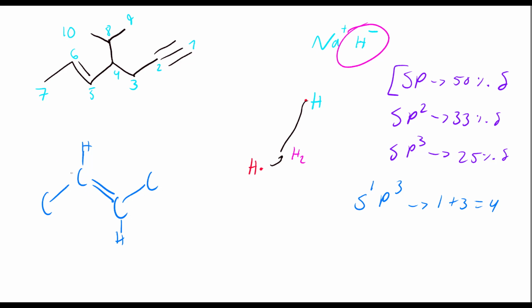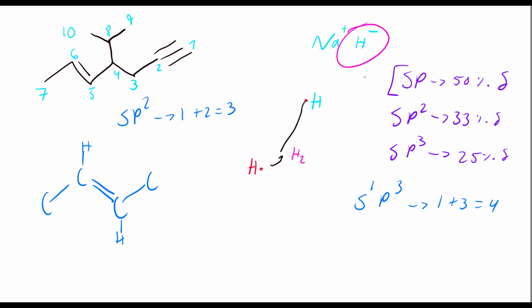So there are 3 things surrounding carbon 6. If there's 3 things, it's going to be sp2, because 1 plus 2 is equal to 3, and sp2 is going to have 33% S character. So this is more acidic, but it's not the best location. It's not that acidic. It has a pKa of around 44.